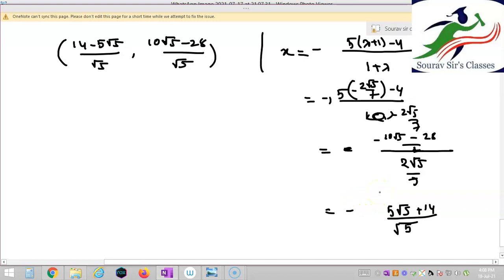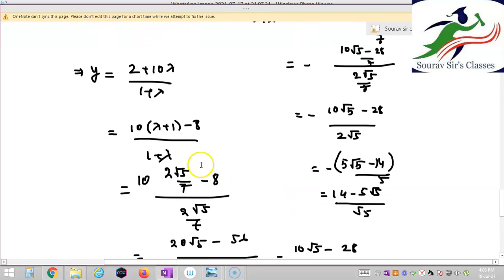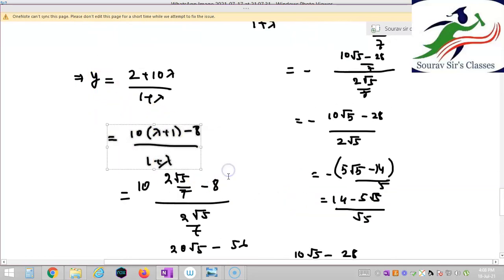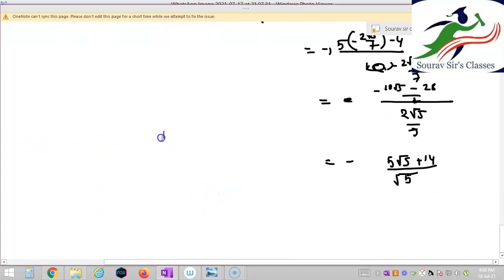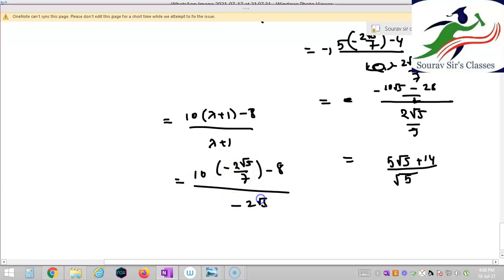Now putting this value in y, I can write the y is this. So actually this problem is very lengthy. So by y plus 1, putting the negative value, minus 2 root 5 by 7 minus 8 by minus 2 root 5 by 7, there is a minus.